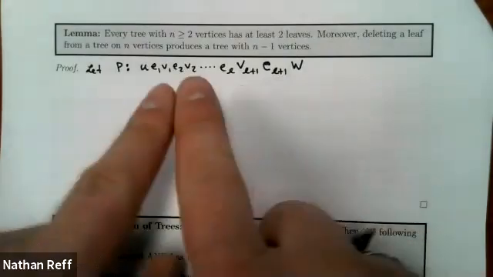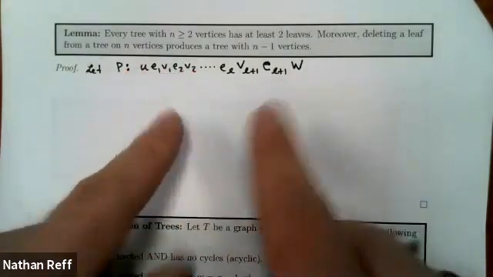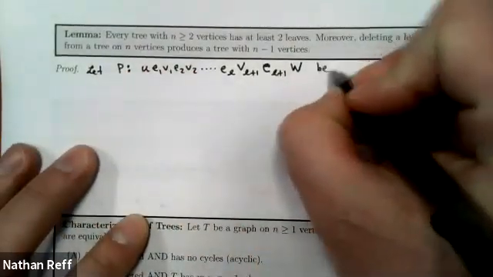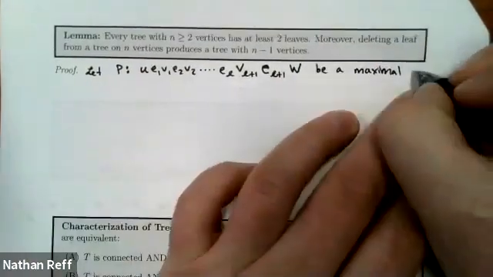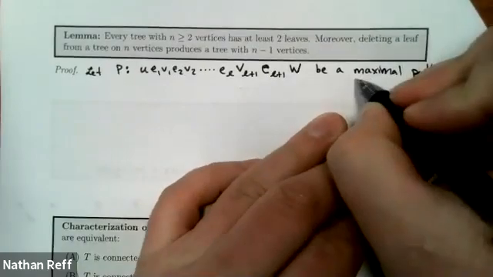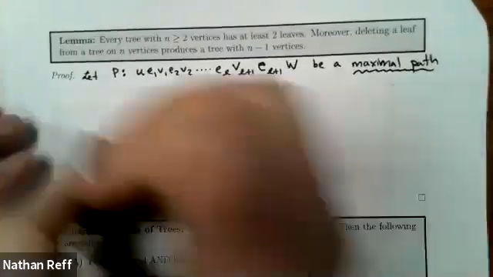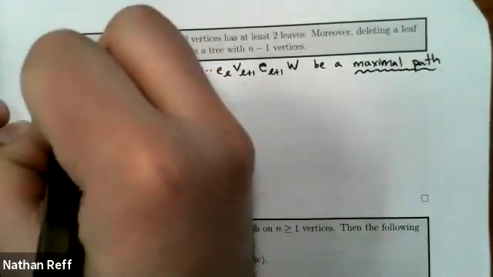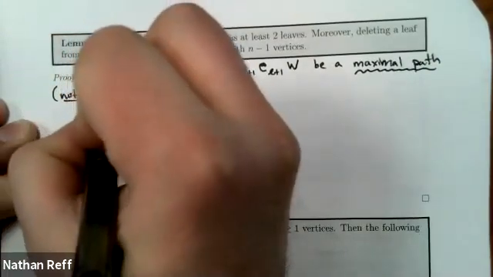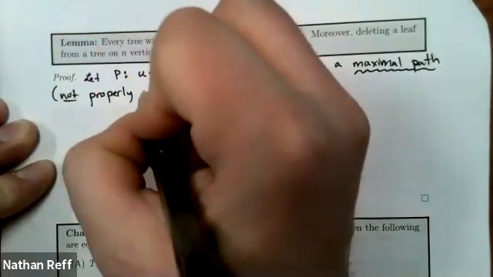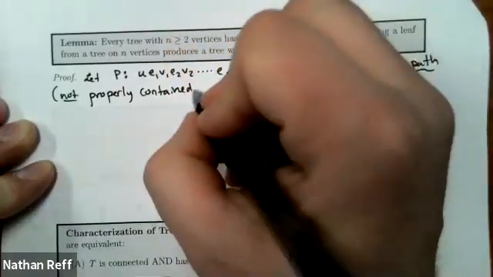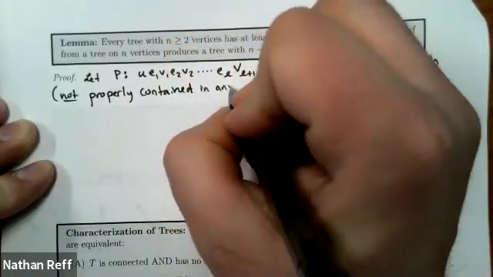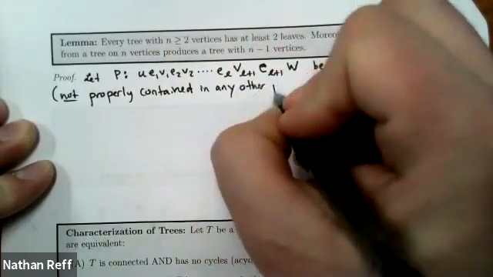So let P be this alternating sequence of vertices and edges, and this will be a maximal path. Now, what do we mean by that? By maximal path, we just mean that it's not properly contained in any other path.